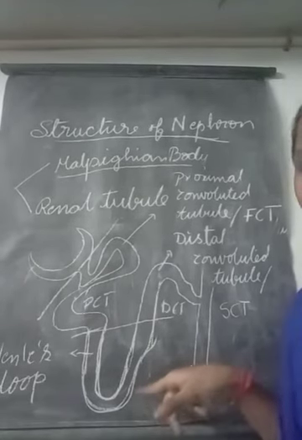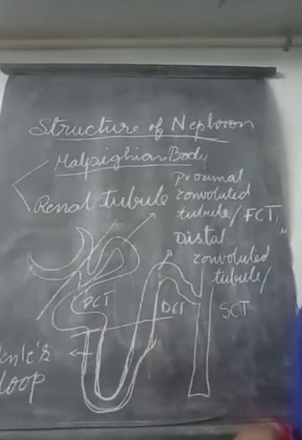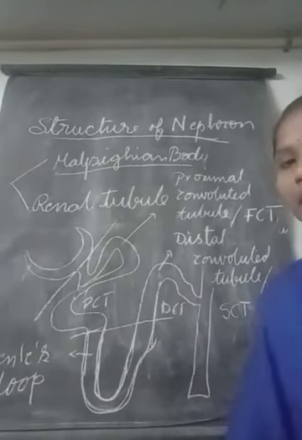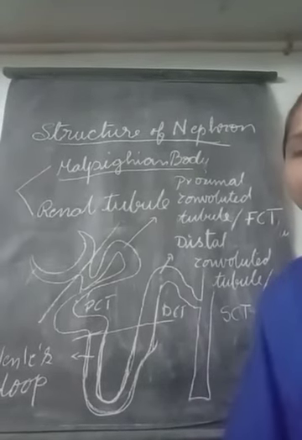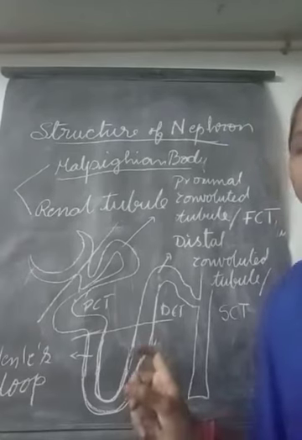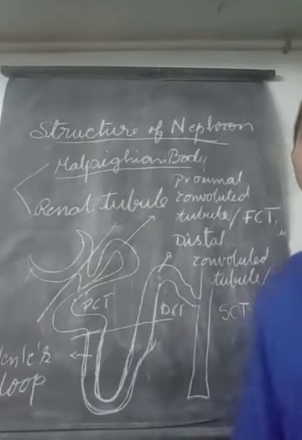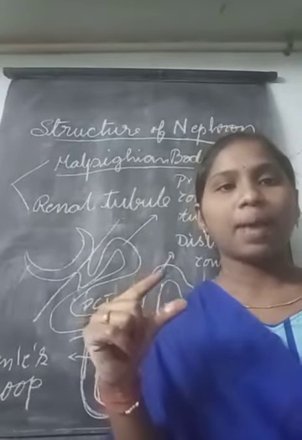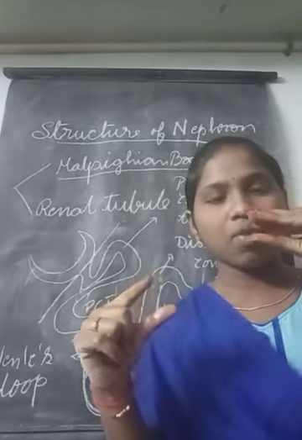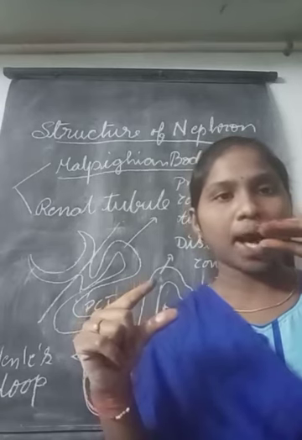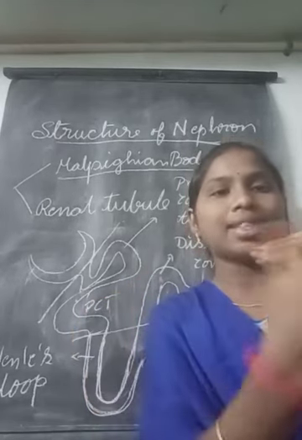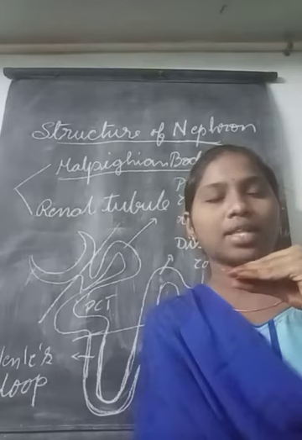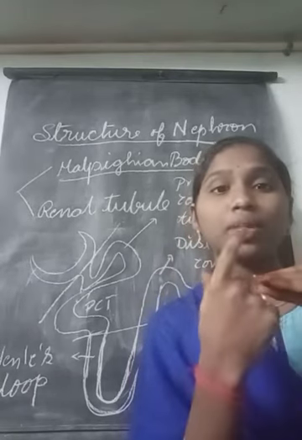There is a reason behind the narrow part of the Henle's loop. The narrowness is to create pressure. You already know, suppose you connect a water pipe to a tap and squeeze that pipe at one particular part, the water on the other side flows with more pressure.